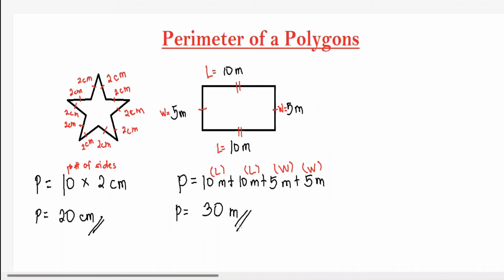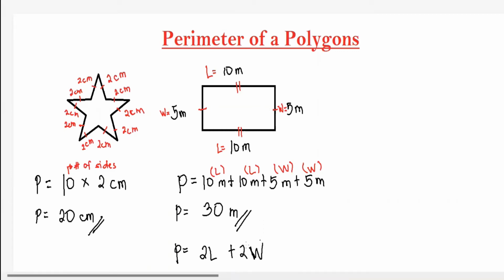May tanong? There is also a very known formula for this one, but I don't want you to memorize formula in perimeters kasi baka malito kayo pagdating natin sa area. But there is actually a formula for this one, which is P is equal to 2L plus 2W.